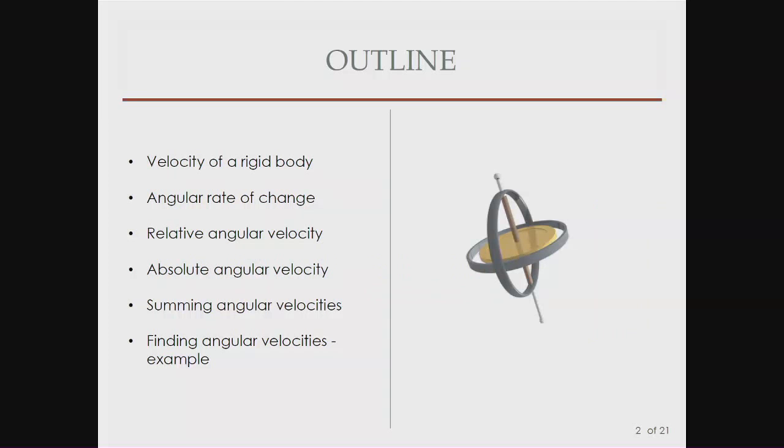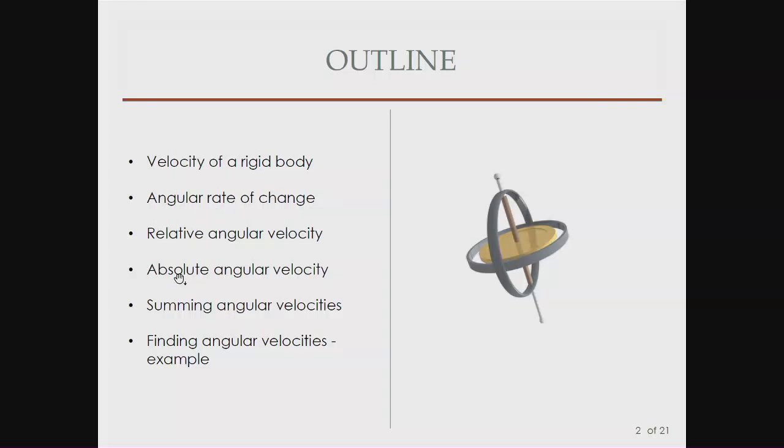So what we will be covering is I will initially speak a little bit about how to define the motion of a rigid body. So what types of velocities do we have? And then in order to define a vector of angular velocity, I will be talking about this angular rate of change.